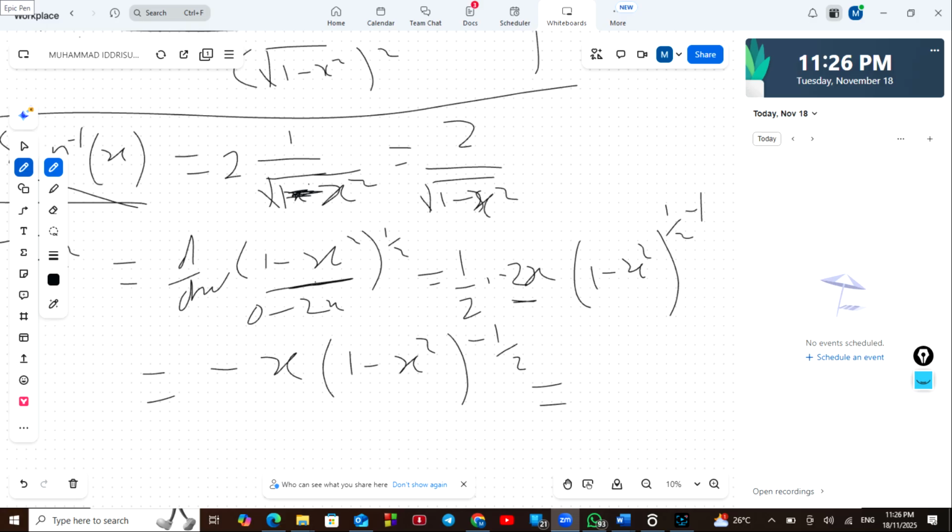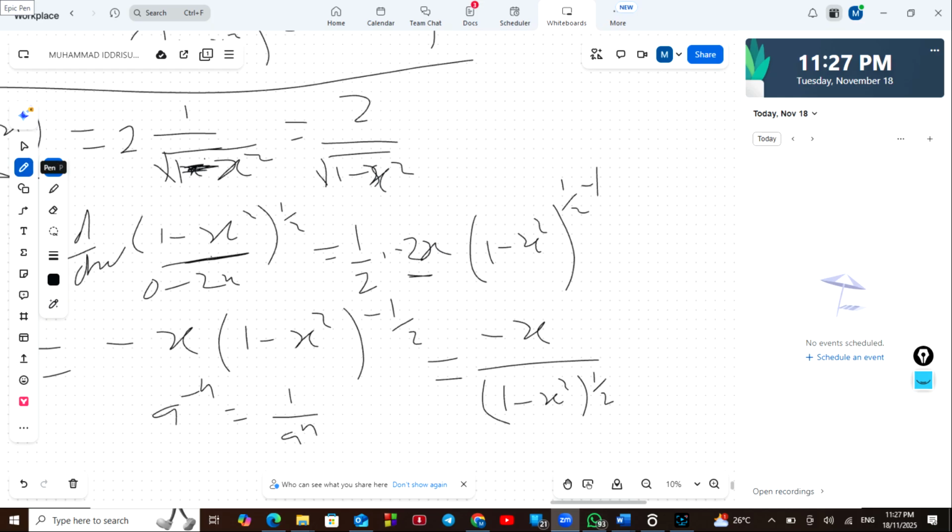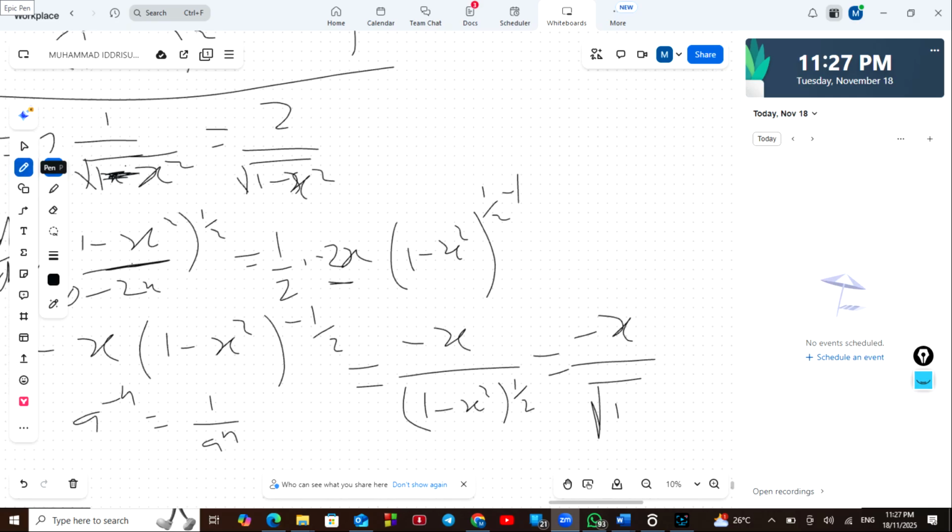By applying the rules of indices, we know that a to the power negative n is equal to 1 over a to the power positive n. So this gives minus x over 1 minus x squared all to the power positive half, which is the same as minus x all over the square root of 1 minus x squared.